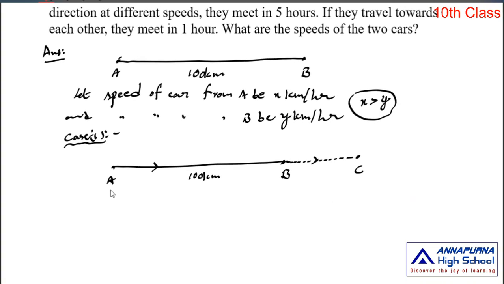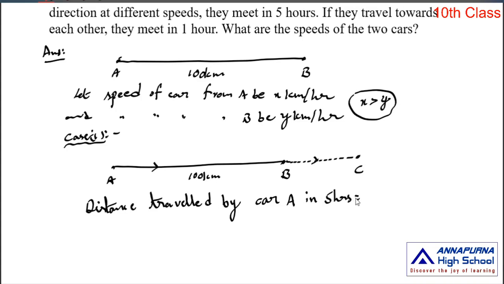Let us take the first car. A car starts from A. So find out the distance traveled by car A in 5 hours.